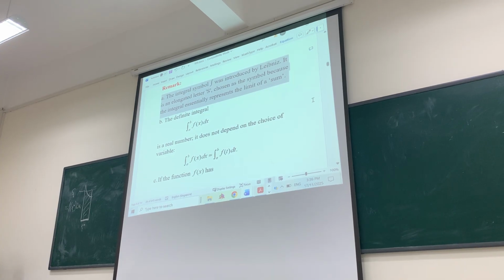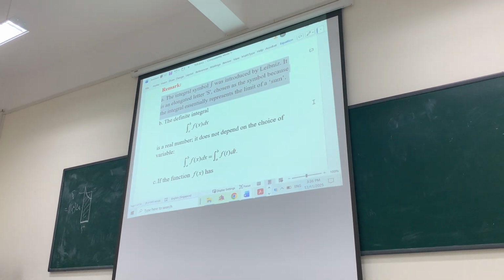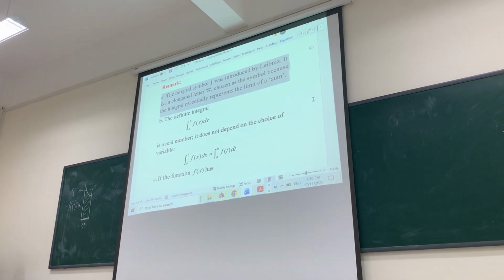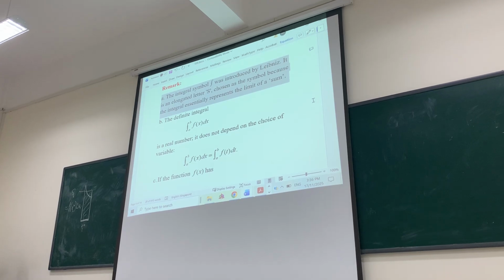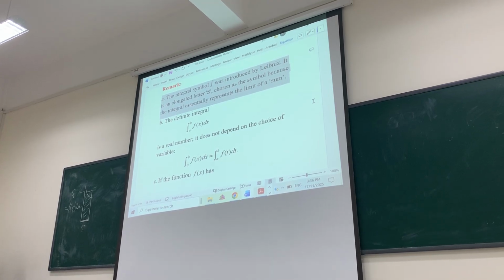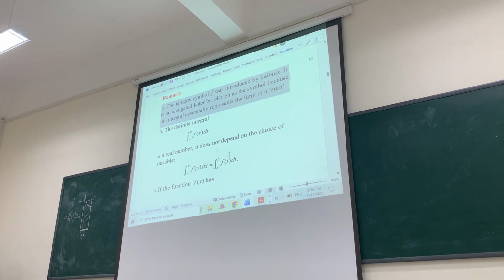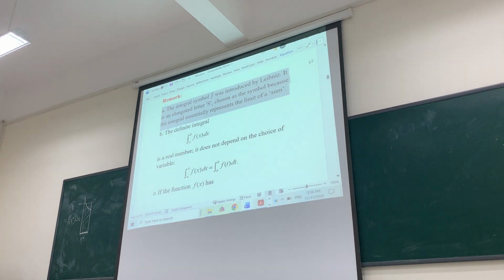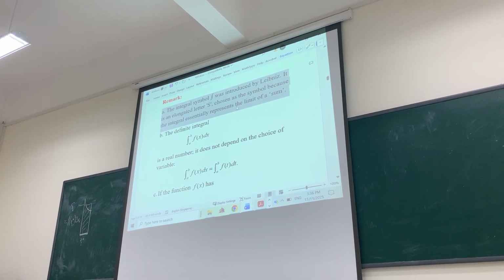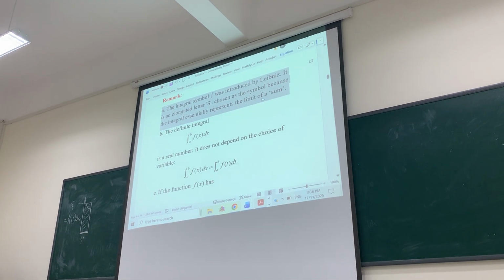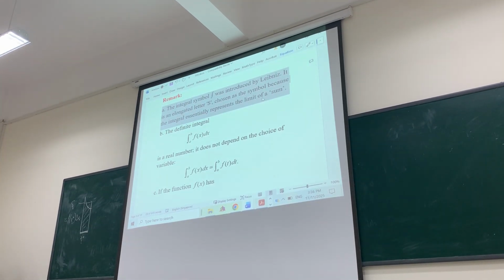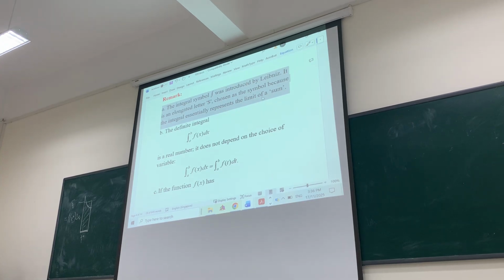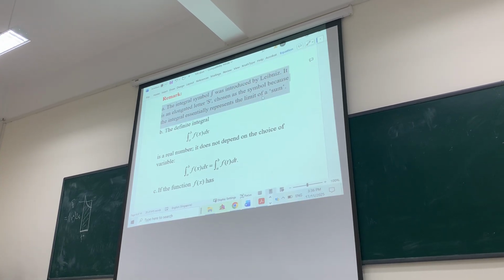The integral symbol was introduced by Leibniz. I think you know the Leibniz formula for the n-th derivative of a product. The long letter S was chosen as the symbol because the integral is essentially the limit of a sum, so we use S for the integral notation.